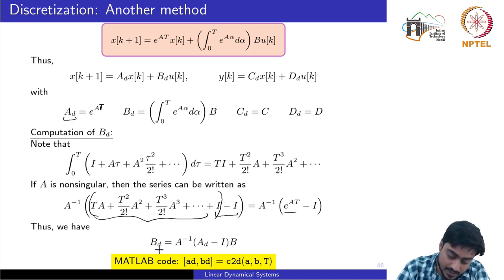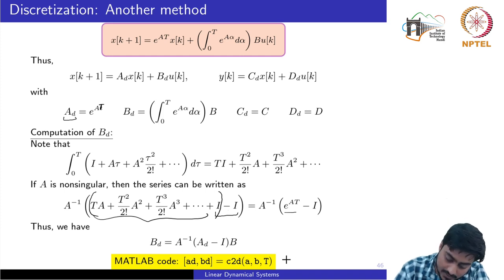So I can write the discrete time B matrix as A inverse multiplied by AD minus I, times B. Once I have computed the matrix exponential to compute the discrete time A matrix, I can directly compute the BD matrix instead of computing the integral of that exponential.